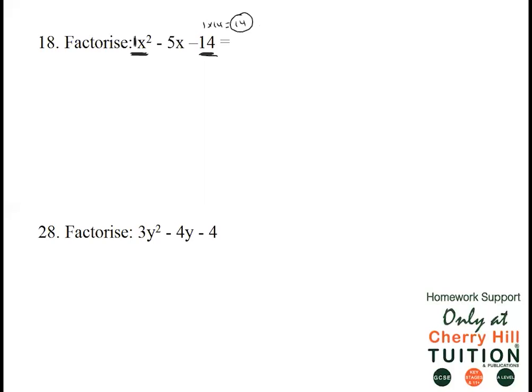Now we need two numbers that add to give us the coefficient of x, minus 5, and multiply to give us minus 14.